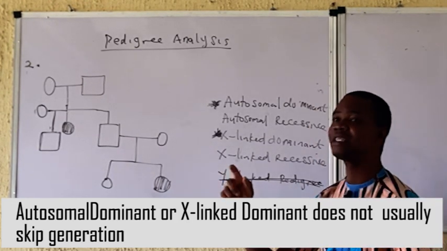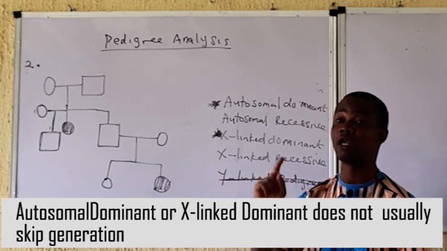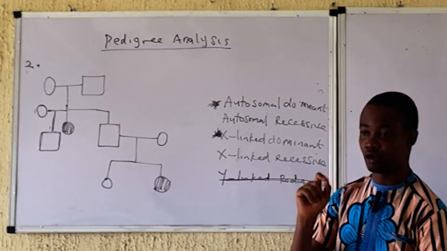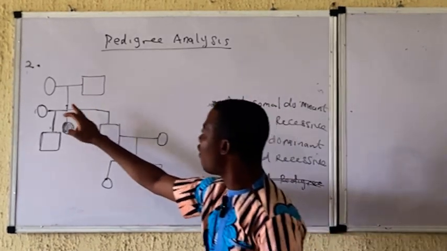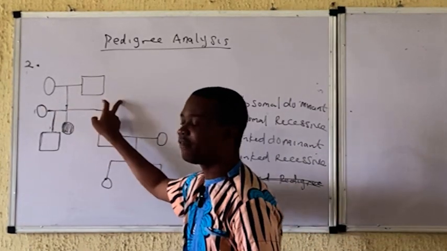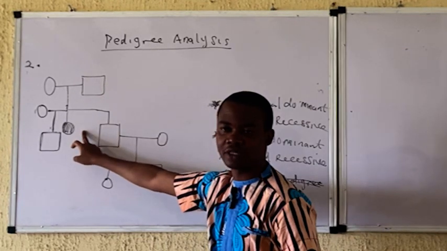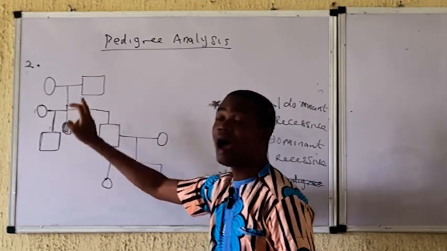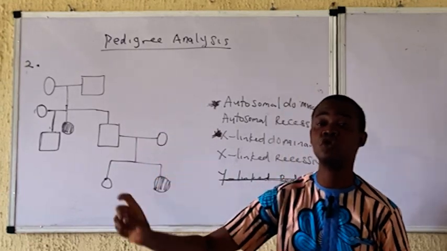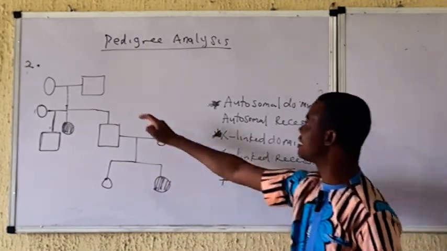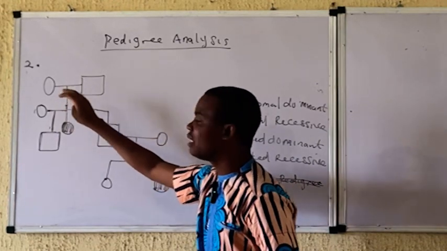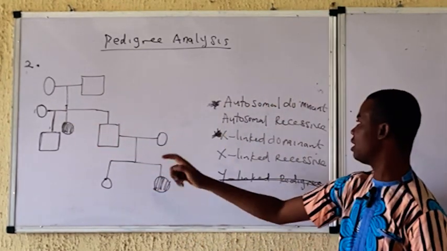However, affected parents can produce unaffected children. Don't mix it up. For autosomal dominant, unaffected parents, these two who are not affected, cannot produce affected children. However, affected parents can produce unaffected offspring. So this cannot be autosomal dominant.